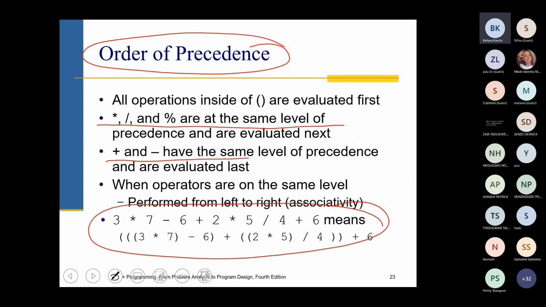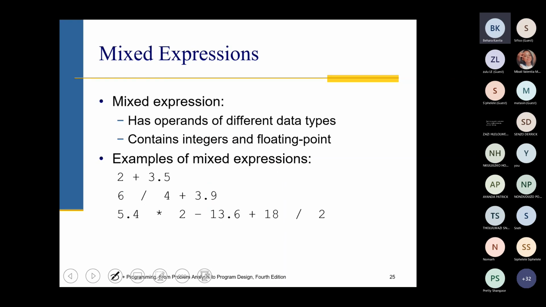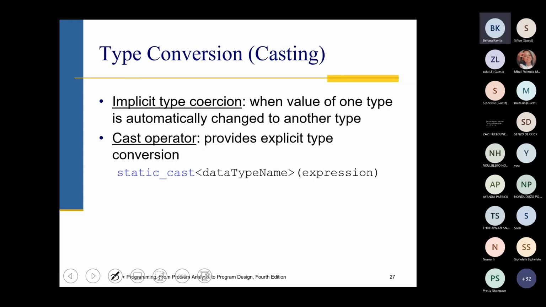So the basic point is you need to show the steps, right? Then for your expressions, the same thing I told you just now: which operation goes first, multiplication, then division, then modulus, if there is any, then you perform plus, then you perform minus, right? These are some of the examples which we did in the class, right?